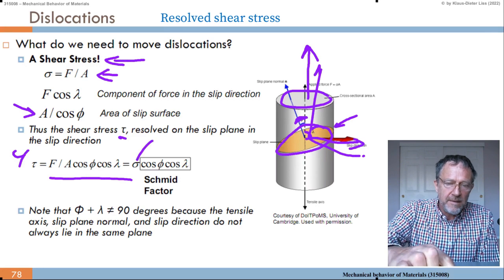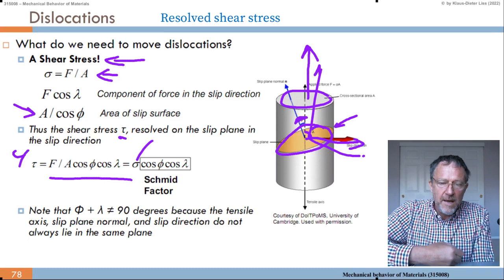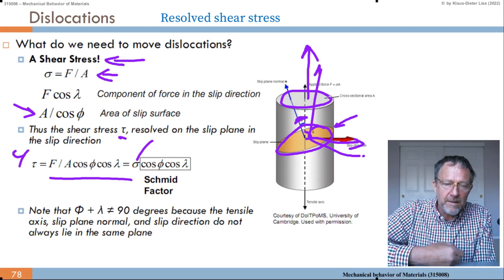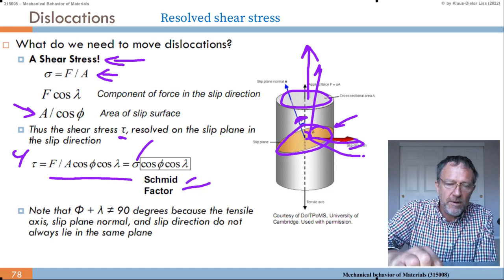And this is sigma, the applied force, divided by sigma times cosine phi cosine lambda. And this we call the Schmidt factor.